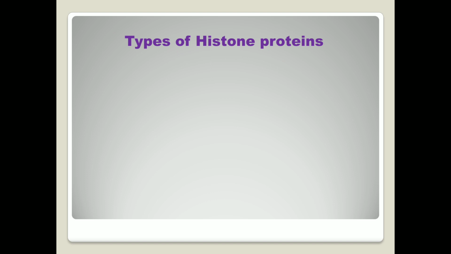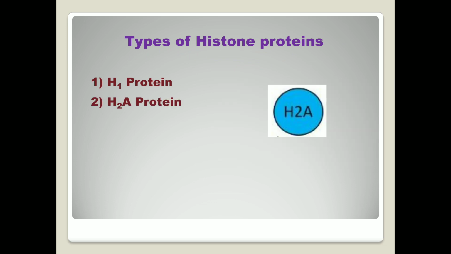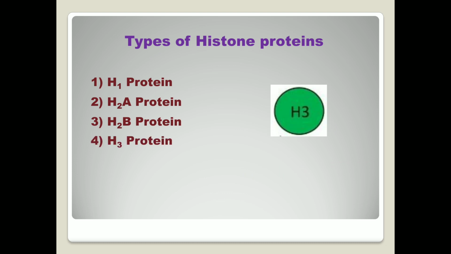The types of histone proteins participating in the nucleosome model are: one, H1 protein; two, H2A proteins; H2B proteins; H3 proteins; and H4 proteins. These histone proteins help in the nucleosome structure.